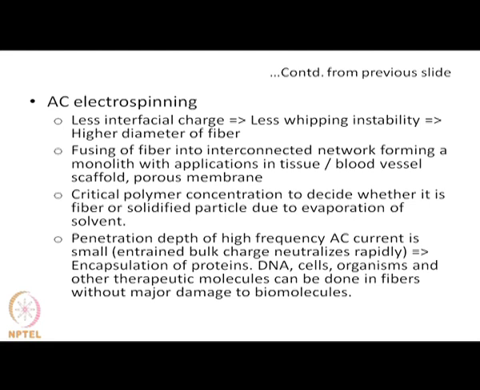So as a result, the encapsulation of proteins, DNAs, cells, organisms and other therapeutic molecules can be done in fibers without major damage to biomolecules, because the entrant bulk charge neutralizes rapidly. I mean, you are changing the polarity. So that is why the charge will not penetrate into the core, and so if somebody is planning to encapsulate proteins or DNAs, this would be a good way of doing it.